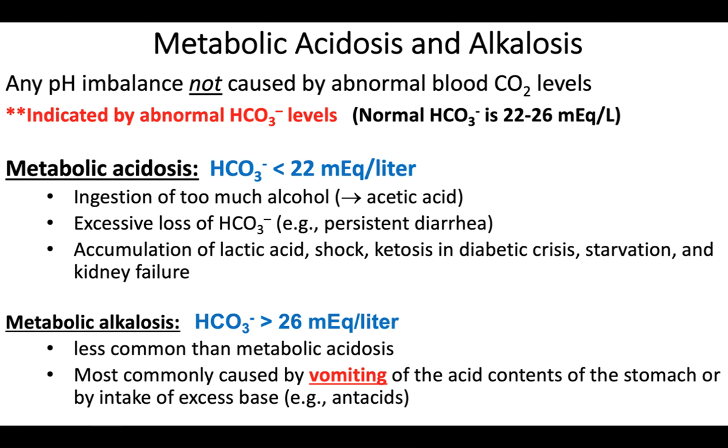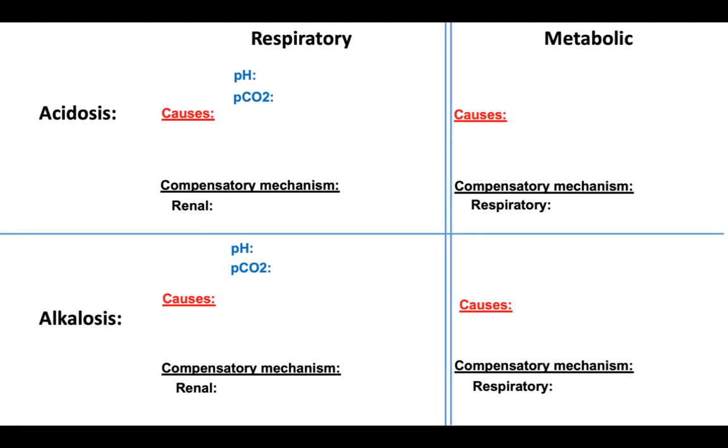Okay, this is the home run slide. This is the slide I developed to help us understand the 4 acid-base imbalances, the causes, how to diagnose them, and what the compensatory mechanism is. You'll notice it's basically a 4-quadrant slide.